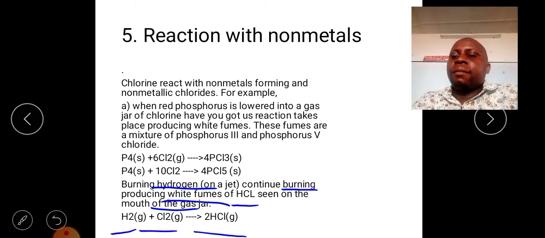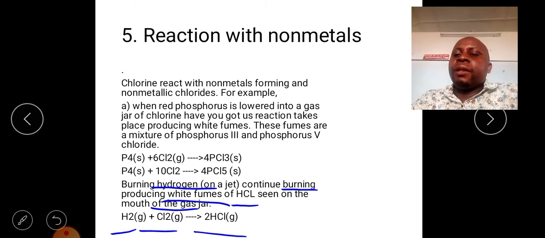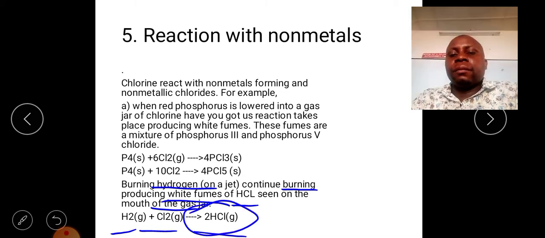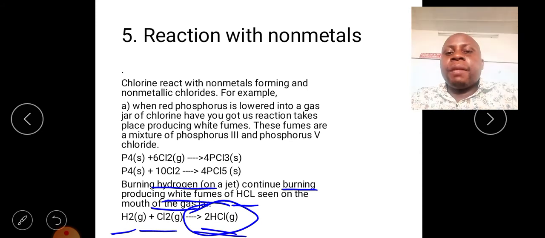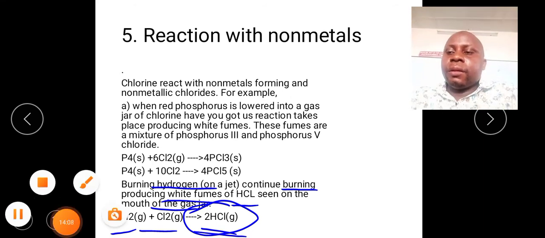This gas will form white fumes. Is it clear? Hence, forming hydrogen chloride. So generally, we can say that chlorine is capable of reacting with some nonmetals, and if it reacts, it forms nonmetallic chlorides.